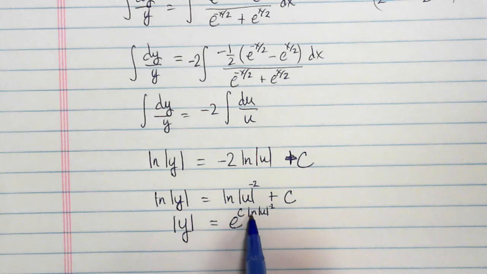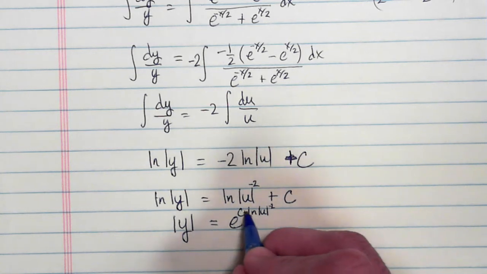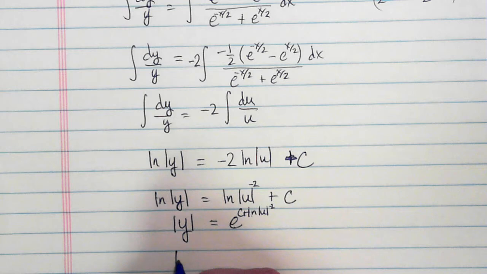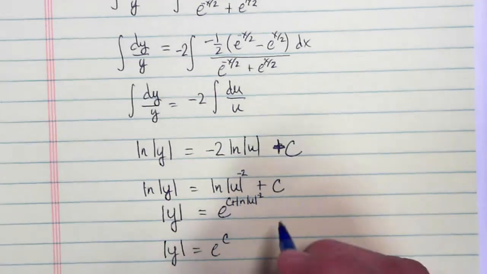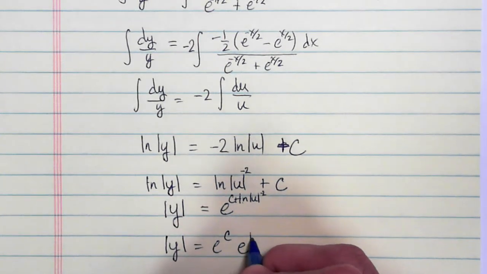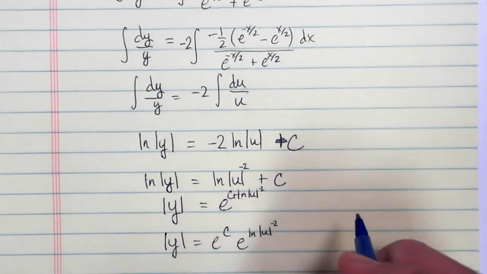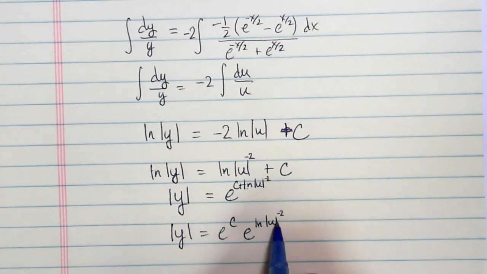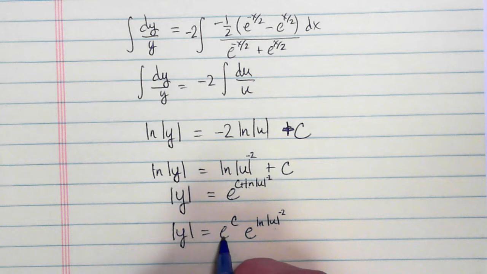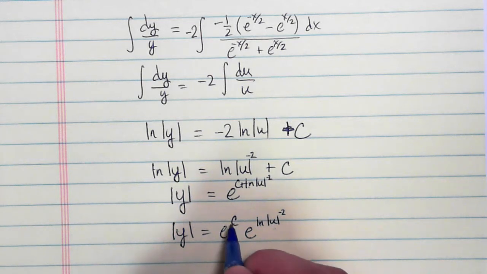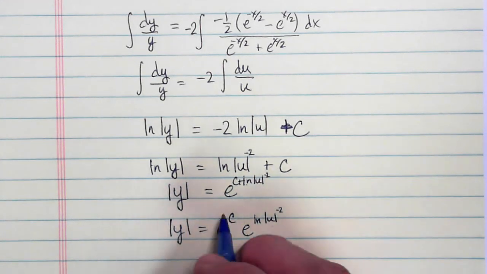Let's split this up. Absolute value of y is equal to e to the c times e to the natural log of absolute value of u to the negative 2 power. E to the natural log of anything is itself. Here I have e to an undetermined constant, which is just going to be another undetermined constant.